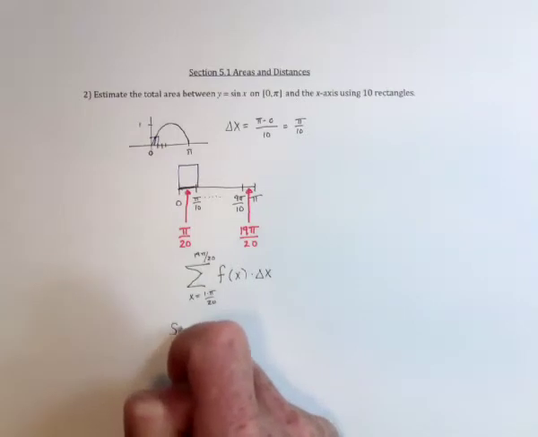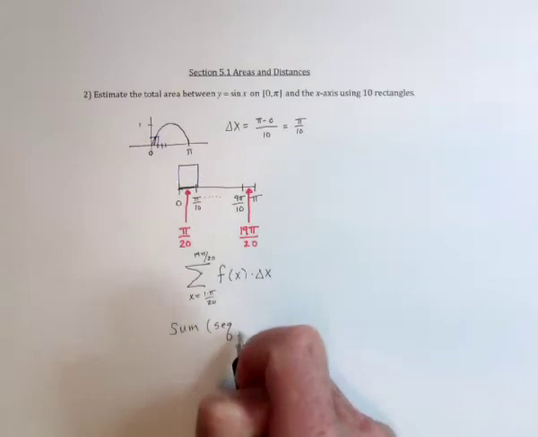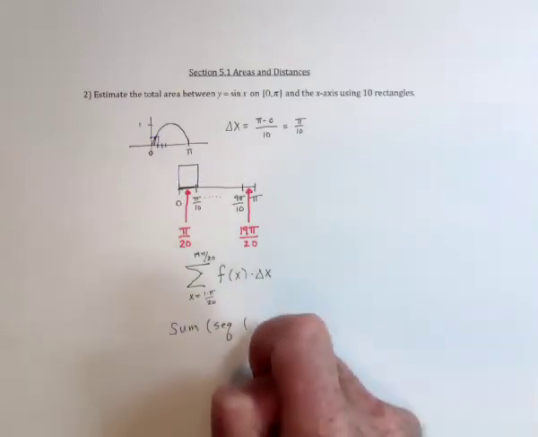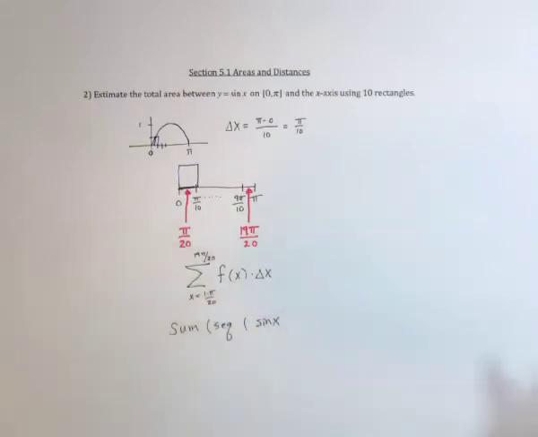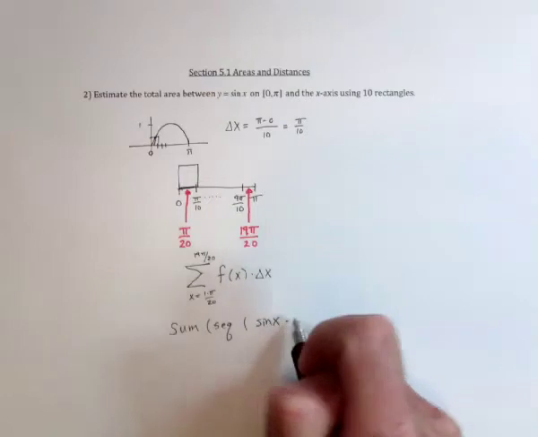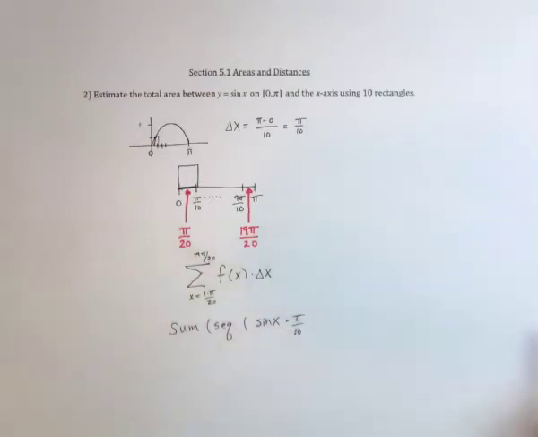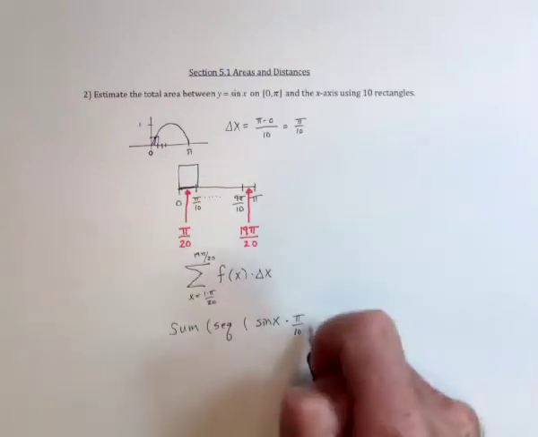You tell it sum, the sequence, tell it what the function is, tell it what the delta x is, so that's finding the height times the base of the rectangles.